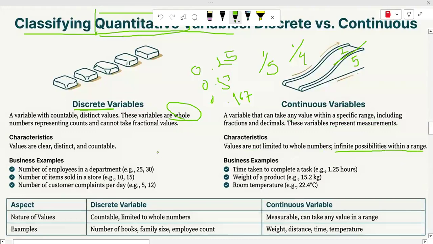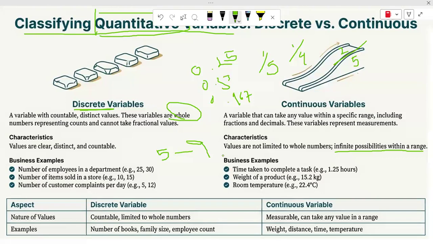Say, for example, when I ask you how many numbers there are from 5 to 9, how many whole numbers? 5, 6, 7, 8, 9. There are 5 whole numbers.